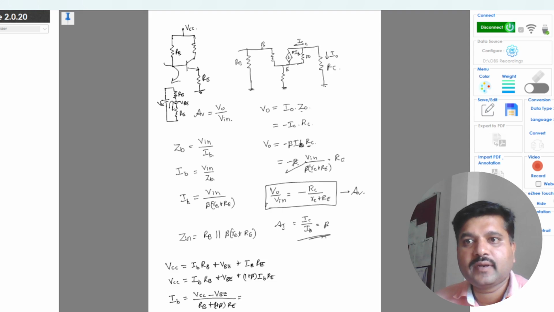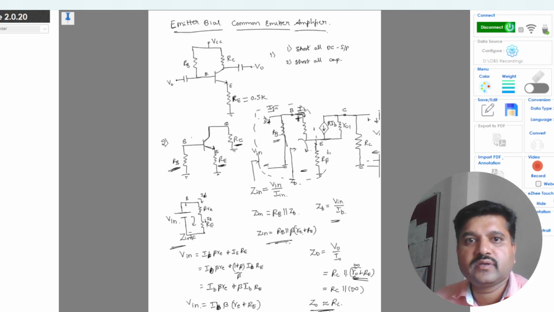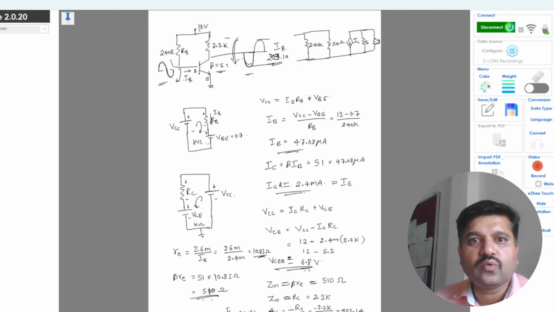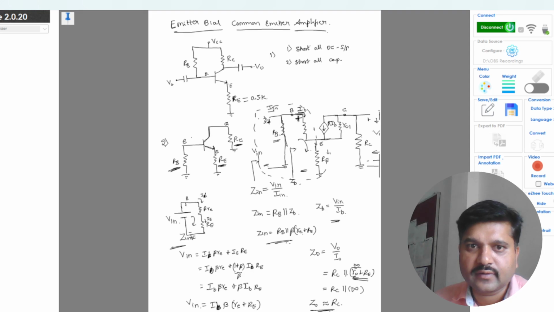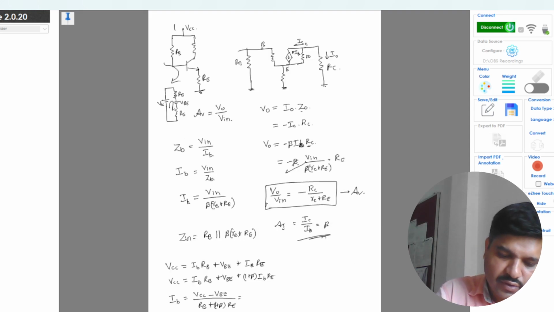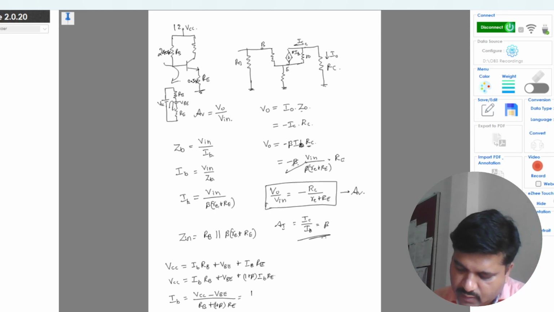Taking the same example here, which was 12 volts, 240k and this is 0.5k, it is 12 minus 0.7 divided by 240k plus beta itself, 51, 52 times 0.5k.